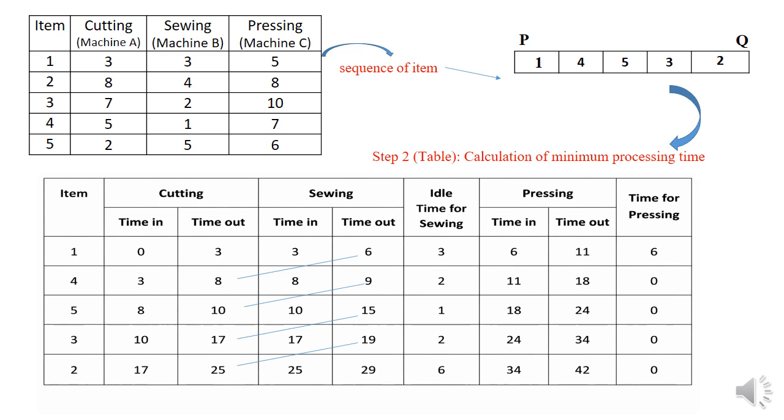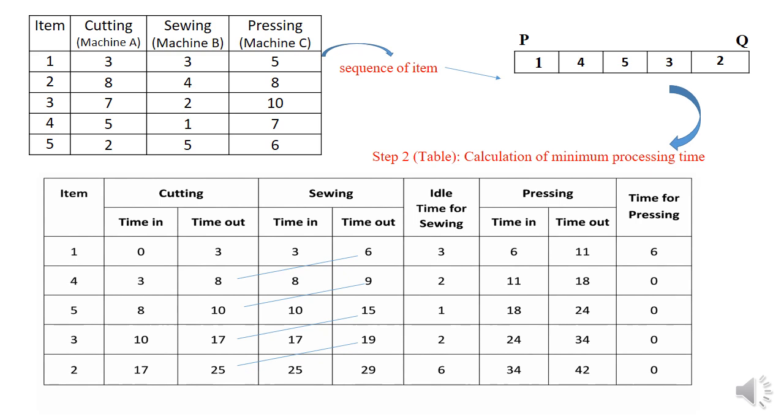So we can start from item 1. The time in of item 1 in cutting machine or machine A is 0 because it is the starting time or base.